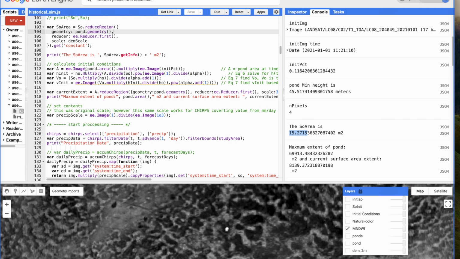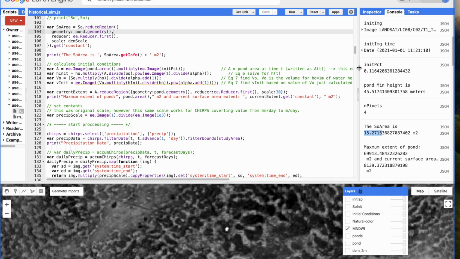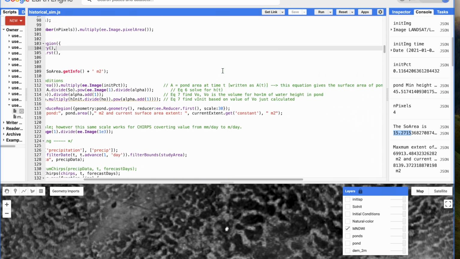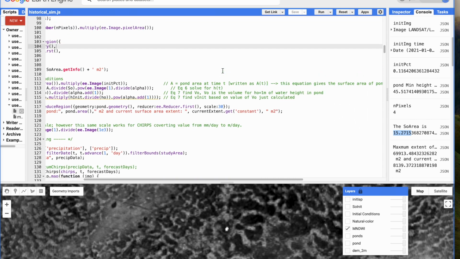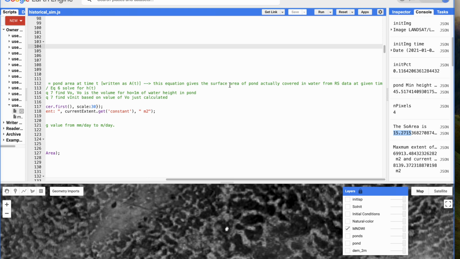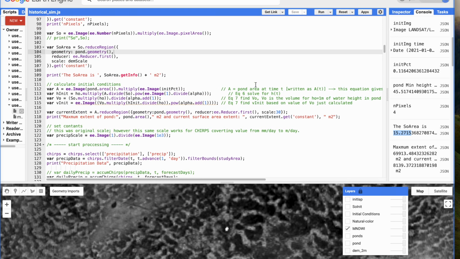And then over here, we're setting up these conditions. Here there are some comments to help you understand. So A in this case is the pond area at that time t. Remember, we're starting at 2021, so this equation basically gives the surface area of the pond where water is actually present during that time.